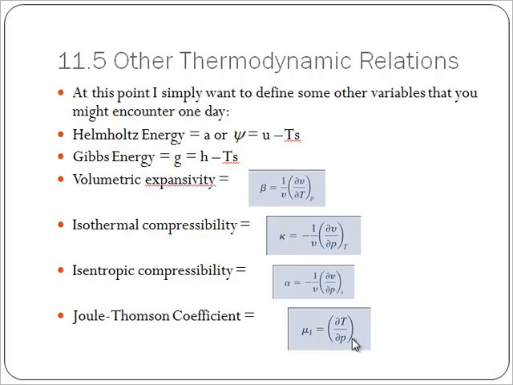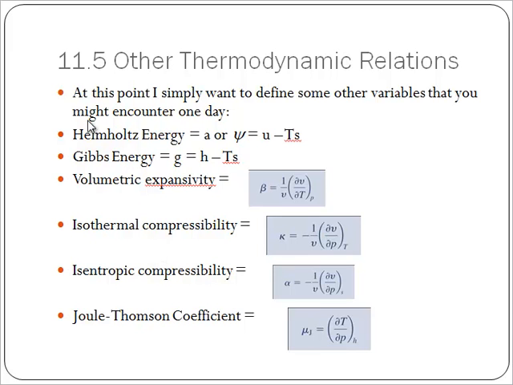And what this says is that if I go through a Joule-Thomson valve or an expansion valve, then H is approximately constant, and so as the pressure changes, what will happen to the temperature? So if I know this Joule-Thomson coefficient for a substance, then I'm able to more quickly and efficiently predict what's going to happen as it goes through this valve.